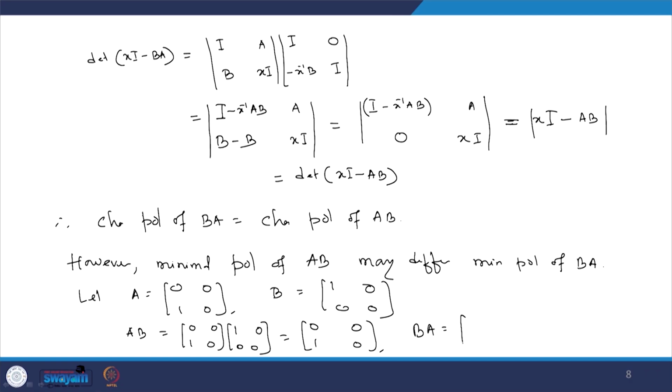BA is [1 0; 0 0] times [0 0; 1 0], which is equal to [0 0; 0 0]. So certainly the minimal polynomials of AB and BA will be different, because BA equals the zero matrix. So x equal to 0 is the minimal polynomial for BA, but for AB it is not true.